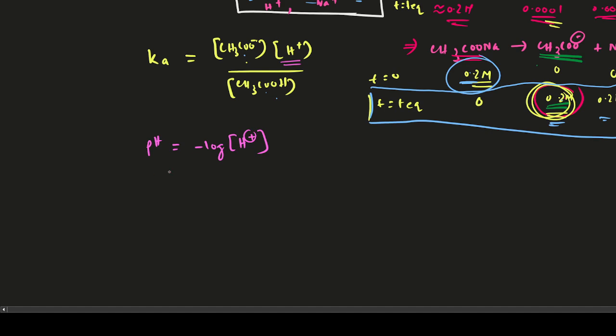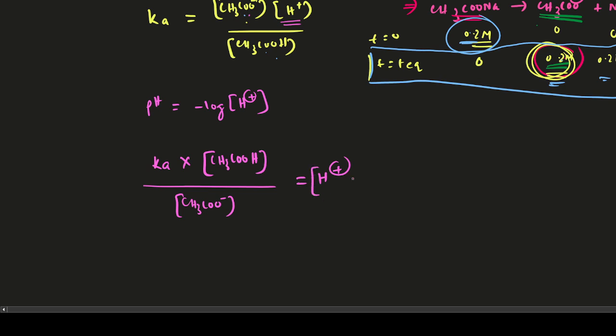So what I do is take Ka, multiply it by CH3COOH, and divide by CH3COO minus, and that is equal to the H plus concentration.